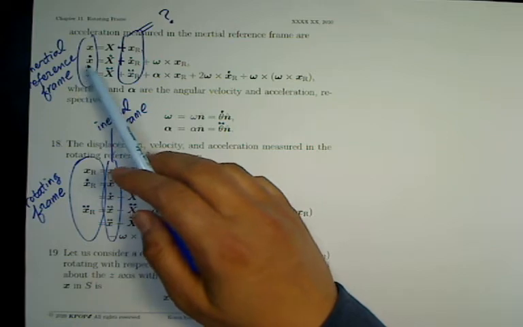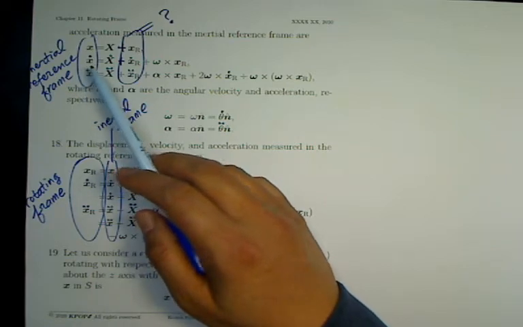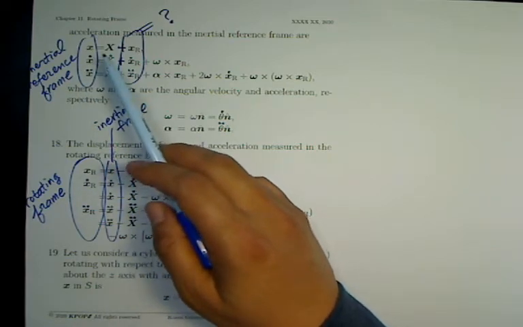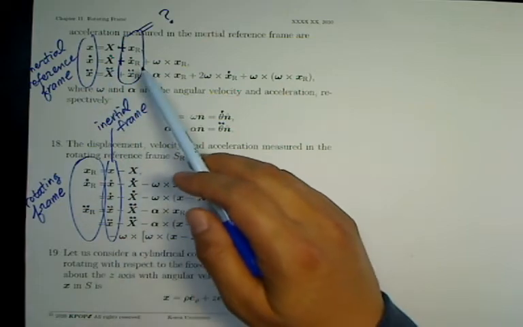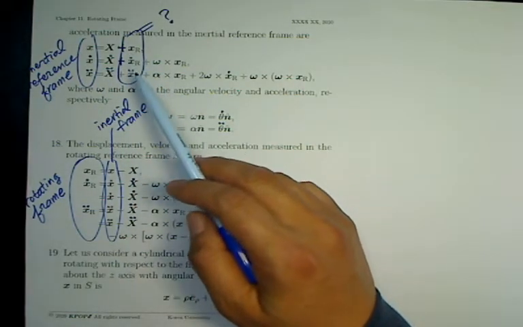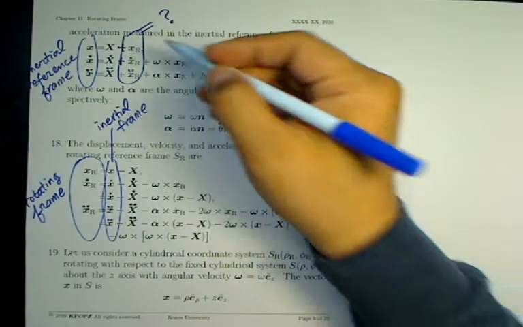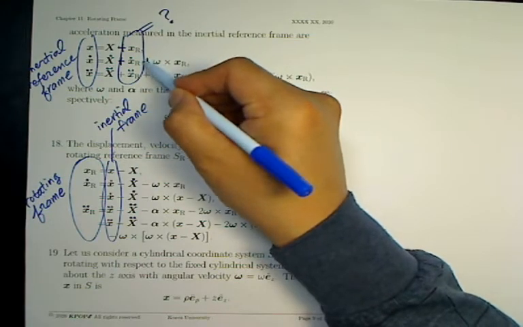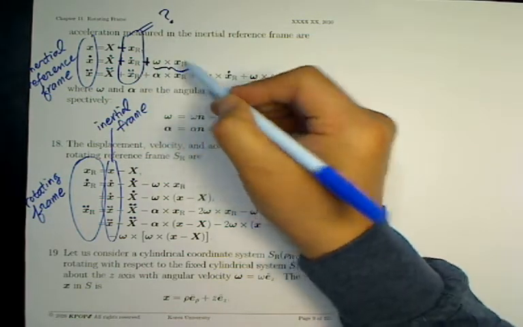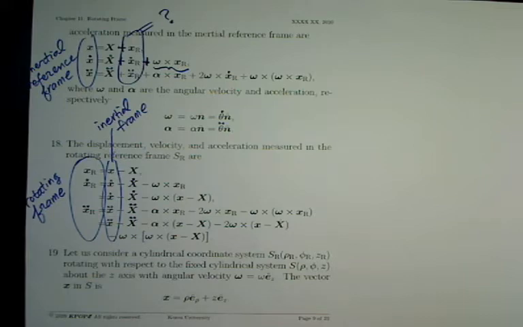The velocity of a particle in an inertial frame is the velocity of that reference point, and the velocity measured in the rotating frame. However, the frame itself is rotating, so outside the rotating frame, the effect of the rotating frame will be included as omega cross r.